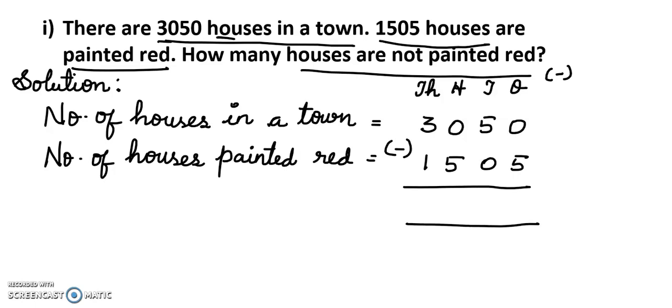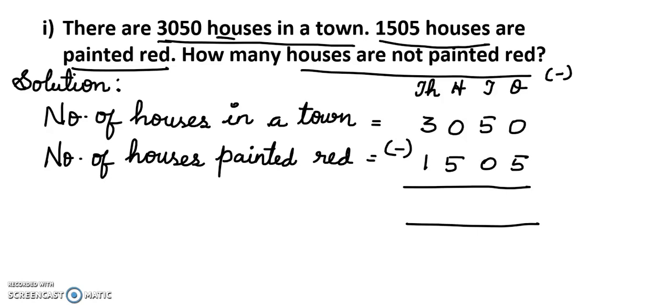Next, listen children. First we have to start from the ones place, next the tens place, next the hundreds place, next the thousands place. Can we subtract 0 minus 5? No, we can't subtract 5 from 0. What do we have to do? We have to borrow from the previous number.